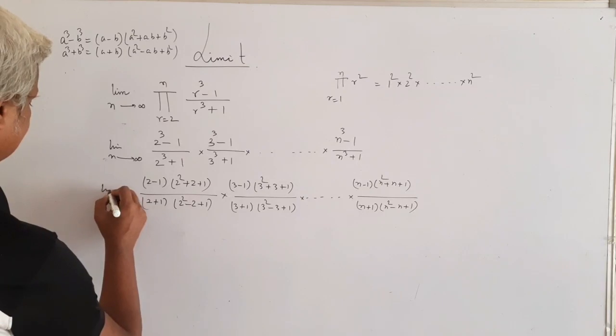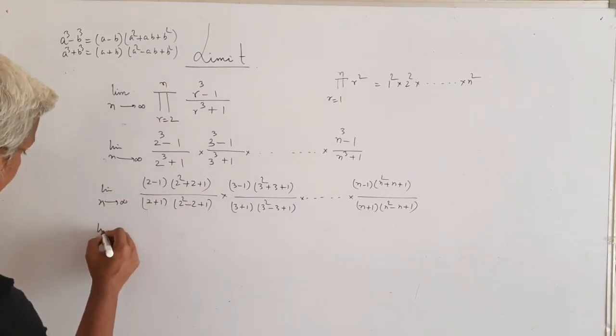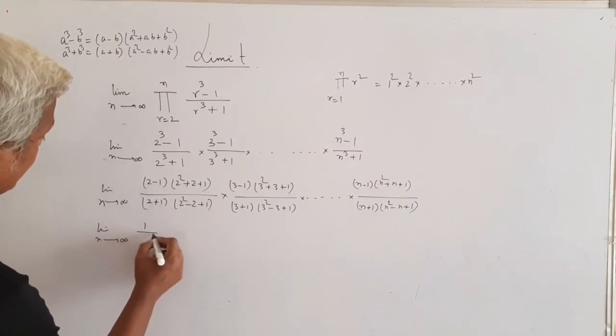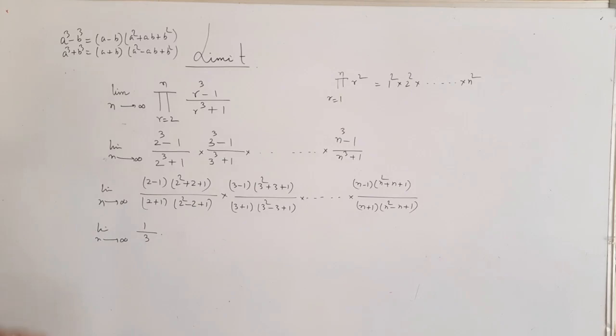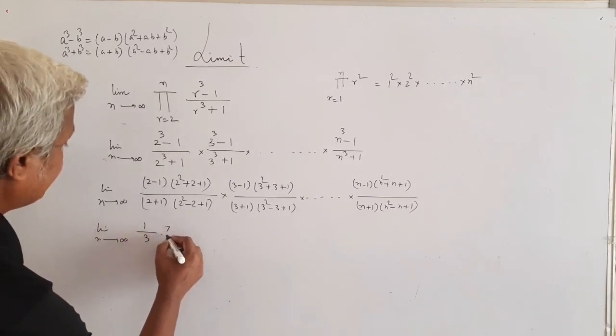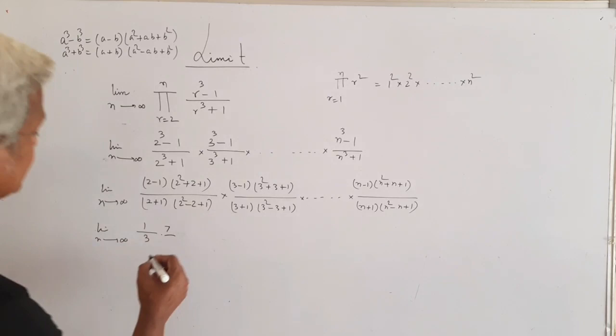So let me find some pattern. This will become limit n tends to infinity, (2 minus 1) is 1 upon 3, and this is 4 plus 2 plus 1, 7, upon 4 minus 2 plus 1, which is 3.